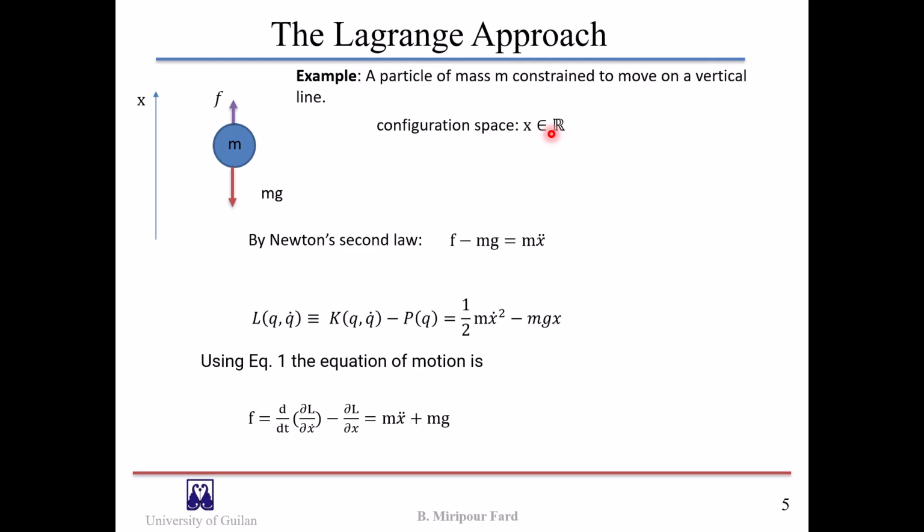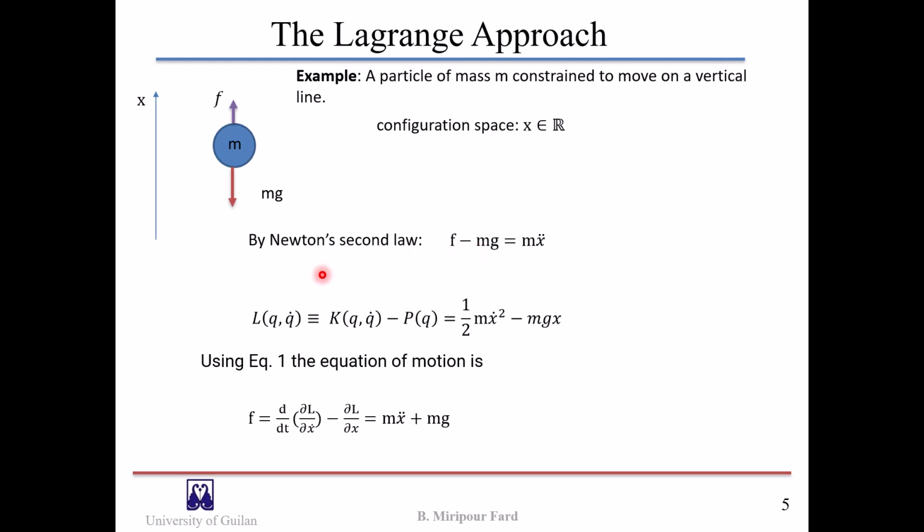Suppose that the gravitational force mg acts downward and an external force F is applied upward. By Newton's second law, the equation of motion for the particle is F minus mg equals m x double dot.